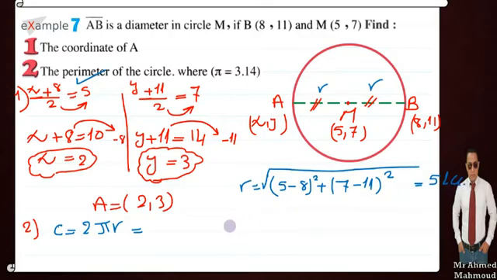Okay, now r equals 5 length units, then C equals 2 times 3.14, because he gives me 3.14, times 5. This is equal to 2 times 3.14 times 5 equals 31.4. Excuse me, it's 31.4.